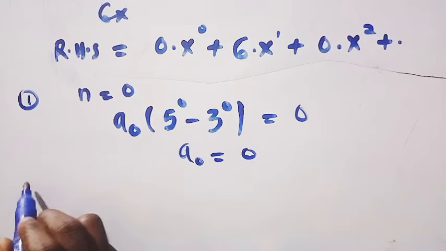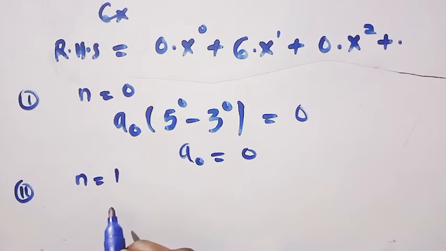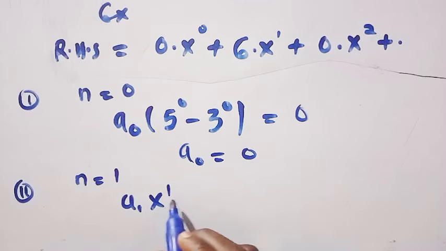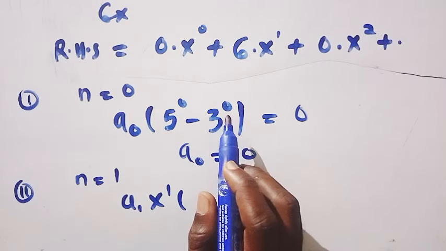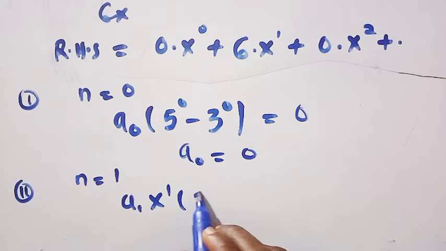And also, if we check for n equals 1, then we have a_1 x raised to power 1 times the bracket 5 raised to power 1 minus 3 raised to power 1. So this gives us 2.